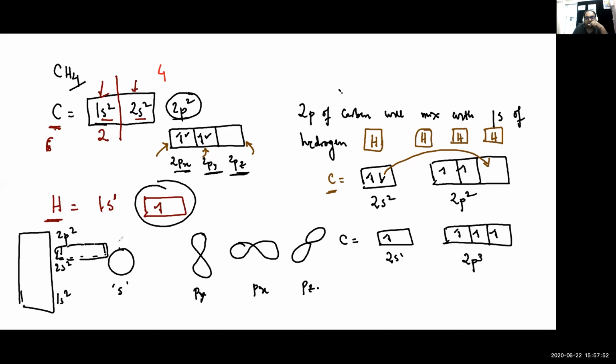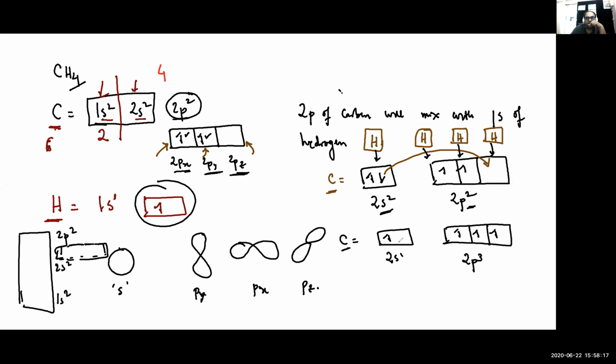So what happens is one of the electrons in carbon is repelled. Who is repelling this electron? The incoming hydrogen atoms. They repel one of the electrons from the 2s into 2p.